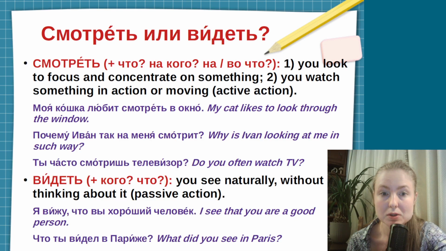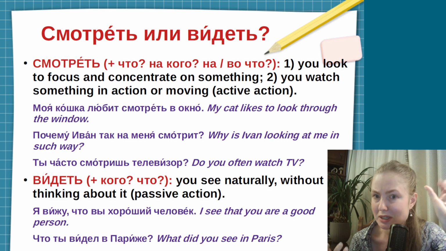And the second verb, which I wrote here, is видеть. Видеть is translated into English as to see something. After this verb we also use the accusative case, and the object after this verb answers the questions кого, что. We use this verb when you see naturally, without thinking about it, without thinking that you want to look at it.